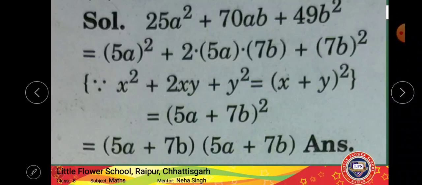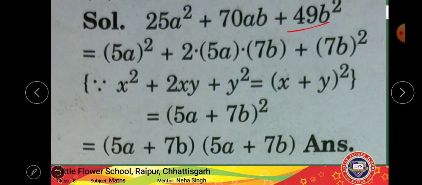And now 70, we'll again leave this 70 for now, and we'll come down to b, which is 49b square. Now see, 49 is the square of 7, so I can write 49b square as 7b whole square, right?